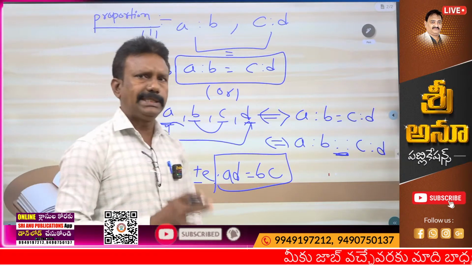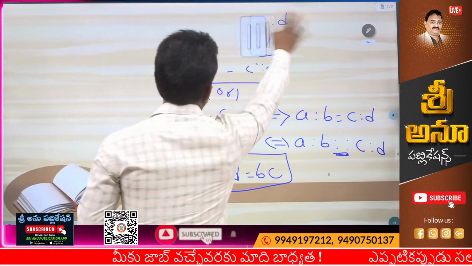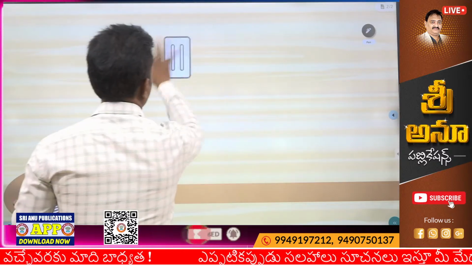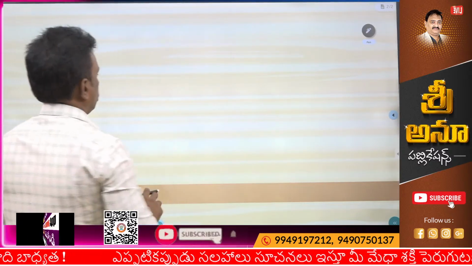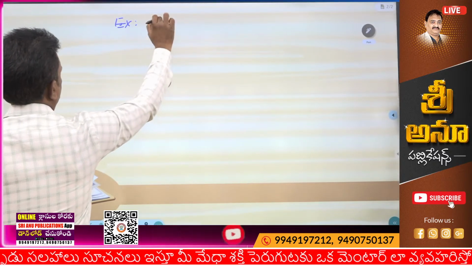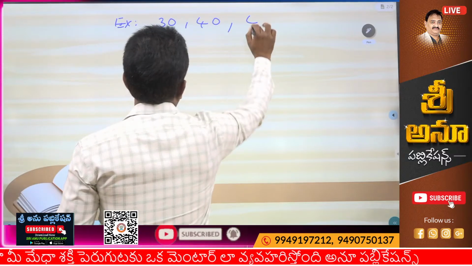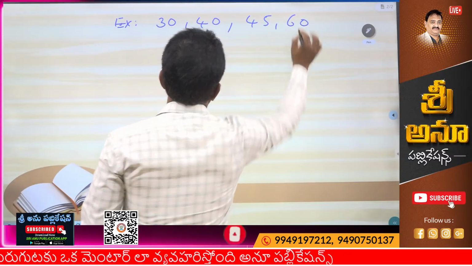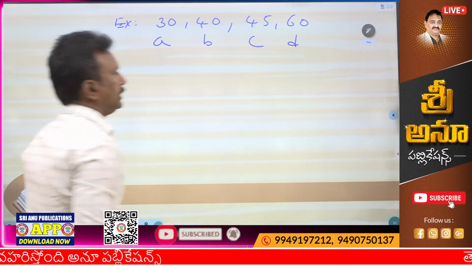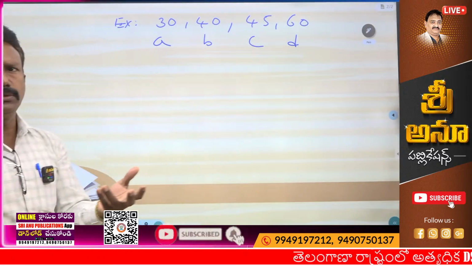Next, let us check one example related to proportion. Take 30, 40, 45 and 60, like A, B, C, D. Let us assume four numbers, any numbers, no problem.